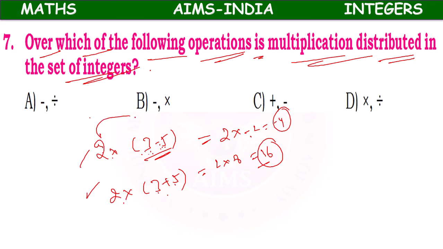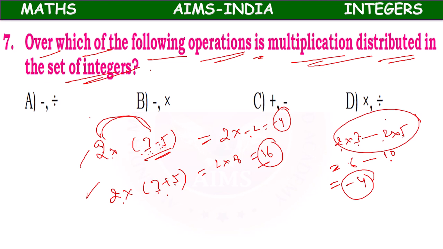But if we distribute, if we write like this, 2 into 3 minus 2 into 5: 2 times 3 is 6, 2 times 5 is 10, minus 10 plus 6 is minus 4. This expression is equal to this expression.